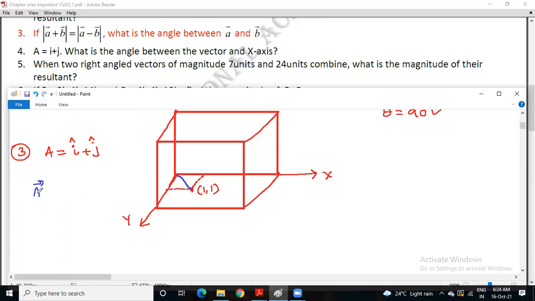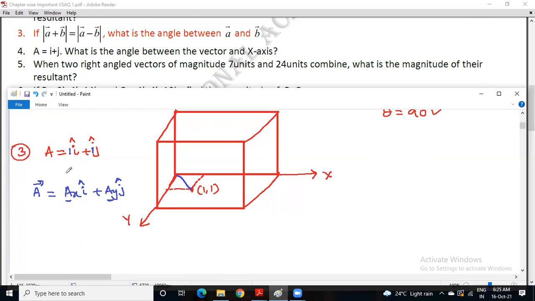This is the general way of expressing a vector which is falling in the xy plane. Now compare the question with the general vector form. In place of ax you have only one, in place of ay you have only one. If nothing is there, you can treat it as one.